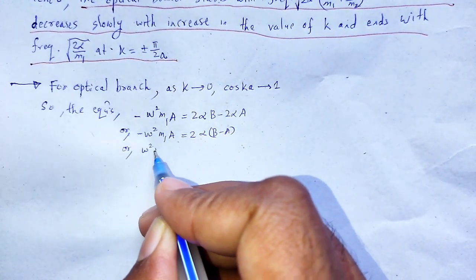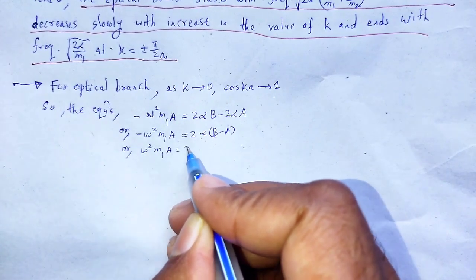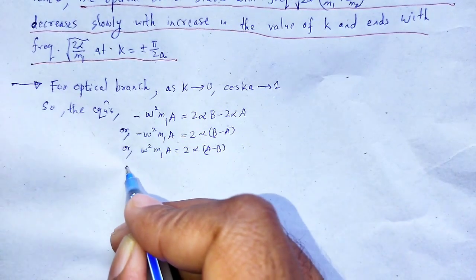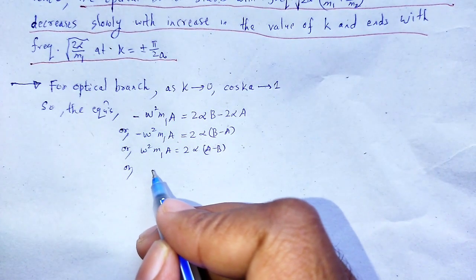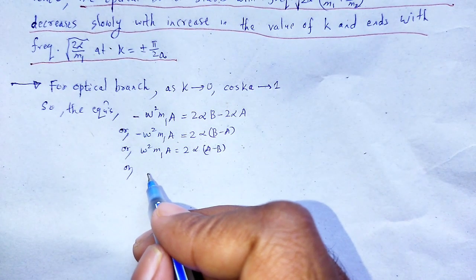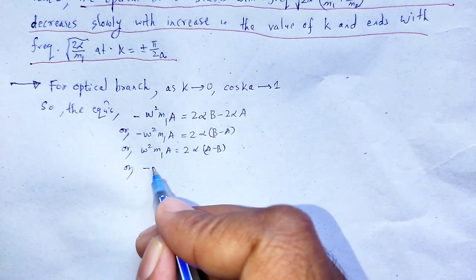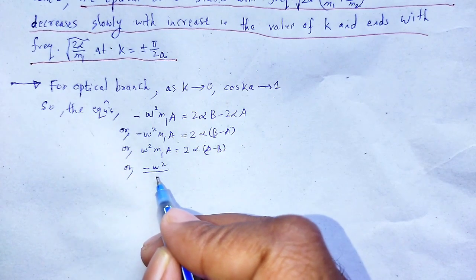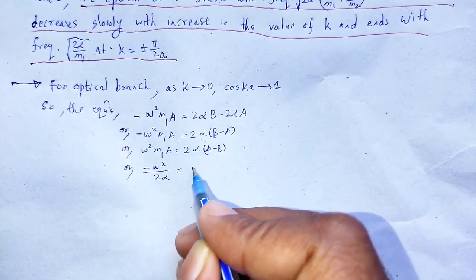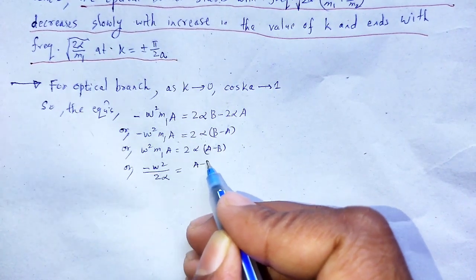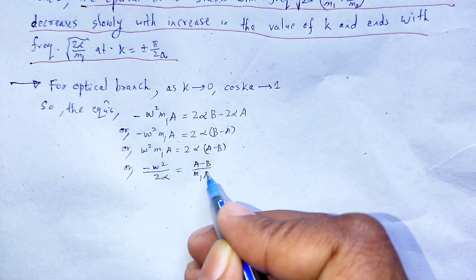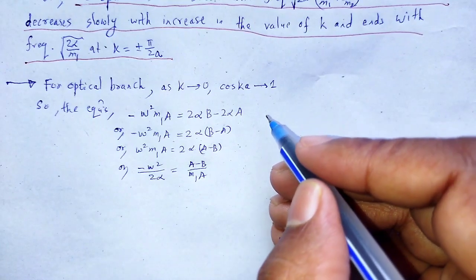So we have omega square m1 a is equal to 2 alpha (a minus b), or omega square divided by 2 alpha is equal to (a minus b) divided by m1 a.